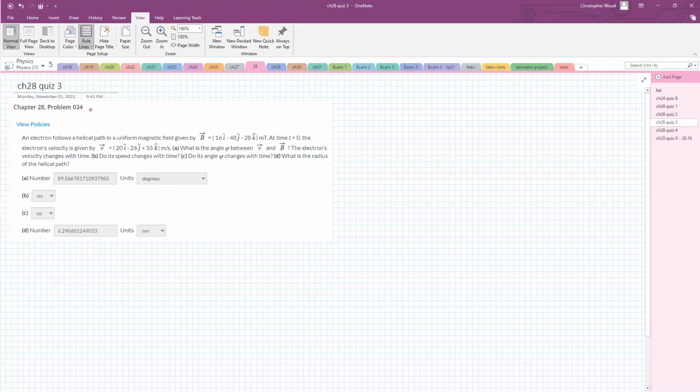So here is an electron following a helical path. Let me see if I can get a picture of that helical path. Although I did have this in the YouTube videos. Helical path. Ooh, it's pretty good. Here's a picture right here. That is a pretty good picture, except it's a proton, but no matter.